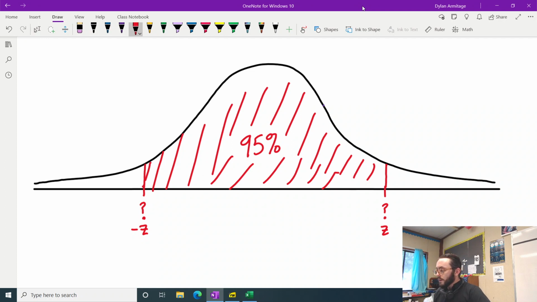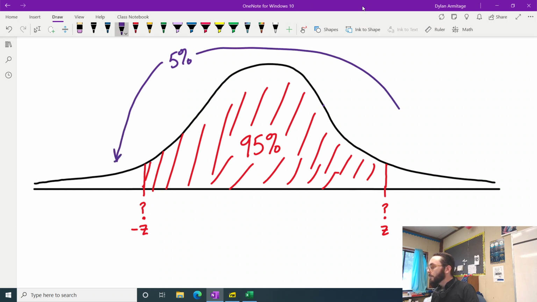Right? So what's left over from this 95% is 5%. Straightforward. So 5% is contained in both tails.